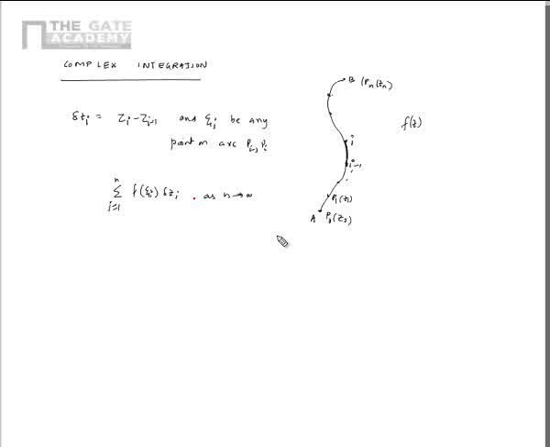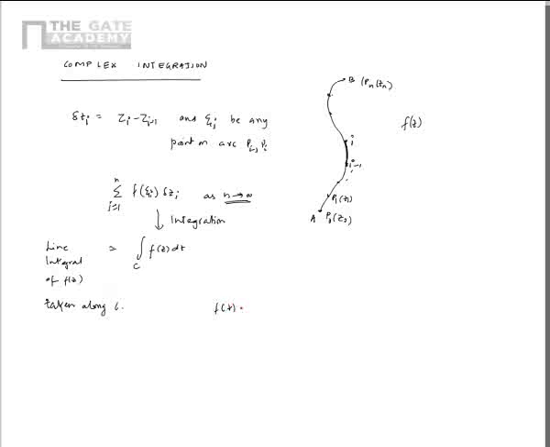Then this becomes the integral of f of z dz. This becomes integration under the limit as n approaches infinity, and this is called the line integral of f of z taken along the curve C. That is how it is defined.